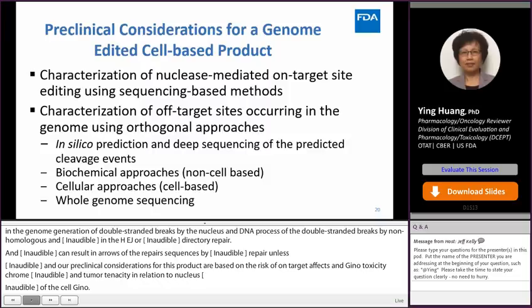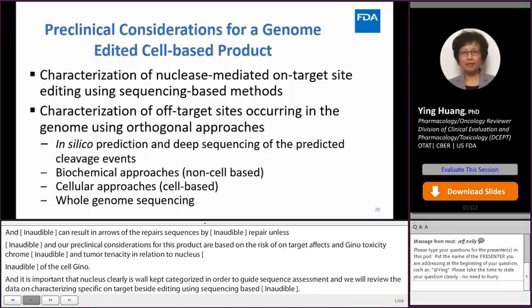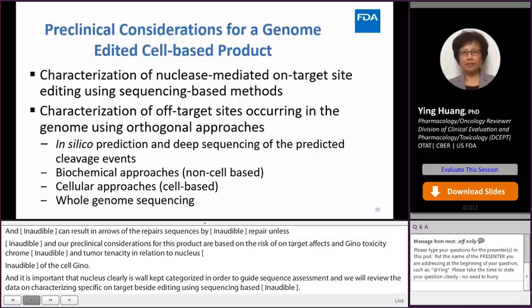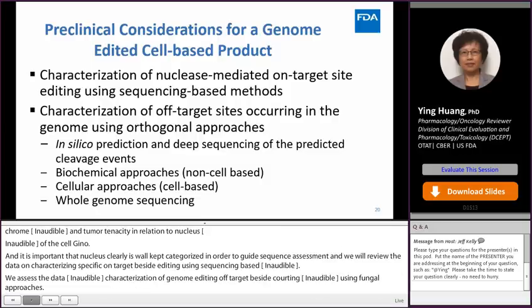We review the data on characterization of the specific on-target site editing, using sequencing-based methods. We assess the data on characterization of genome editing related off-target sites occurring in the genome using orthogonal approaches, typically in silico prediction and deeper sequencing of the predicted cleavage events, biochemical and cellular approaches to identification of off-target sites, and the whole genome sequencing of the edited DNA samples.